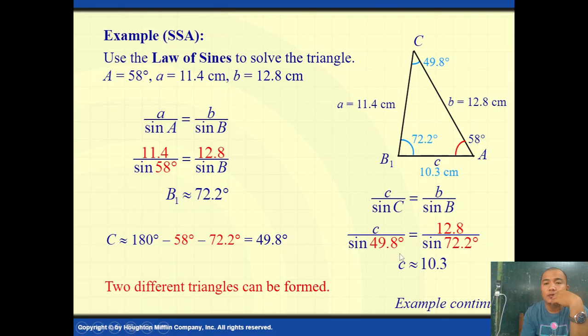C is equal to 10.3 cm. So that means two different triangles can be formed. Ito na pala yung tinatawag na ambiguous case, not the previous example. Yes, sorry for that. So there are two different triangles that can be formed. Right? Why?